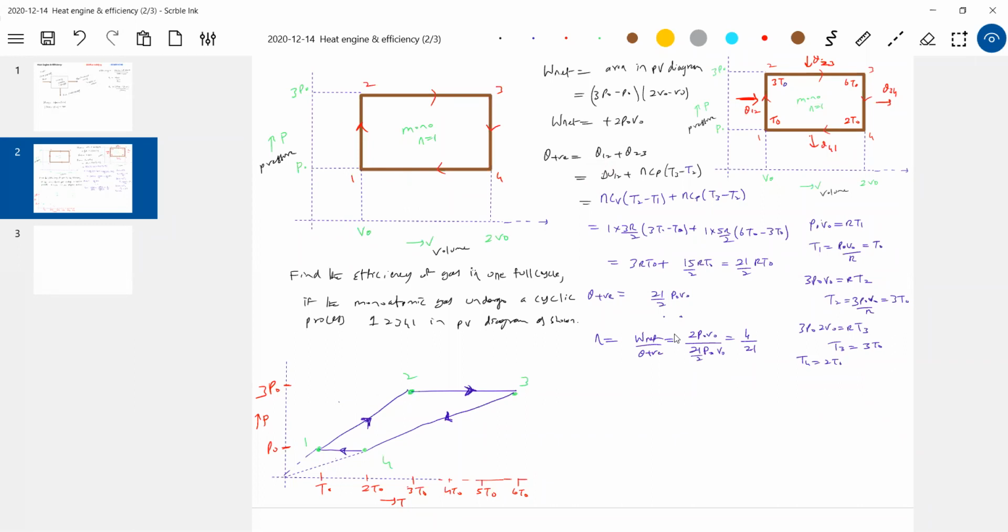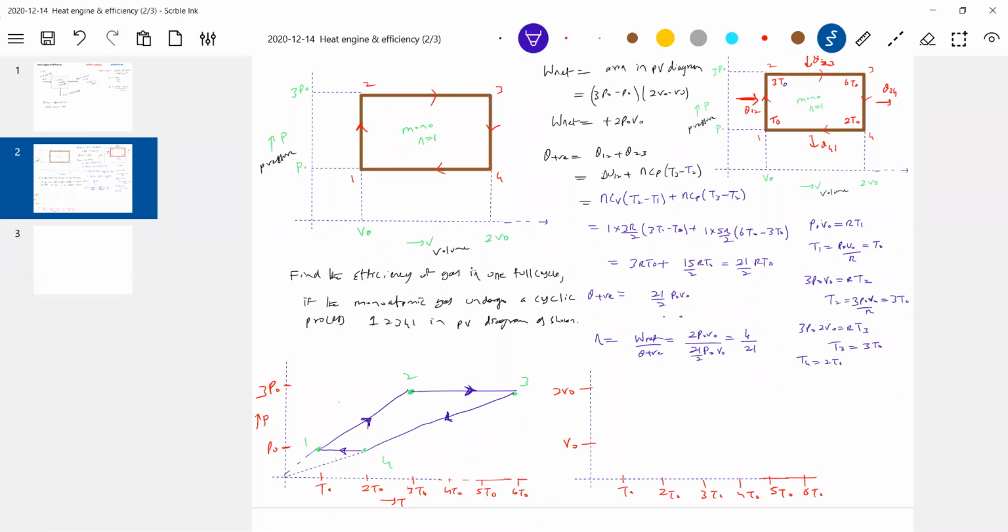Okay, let's go for VT graph. Volume versus temperature graph. Please do make observation. Some very important things will be there. What is volume, V naught to 2 V naught? As usual, temperature T naught, 2 T naught, 3 T naught, 4 T naught, 5 T naught, 6 T naught.